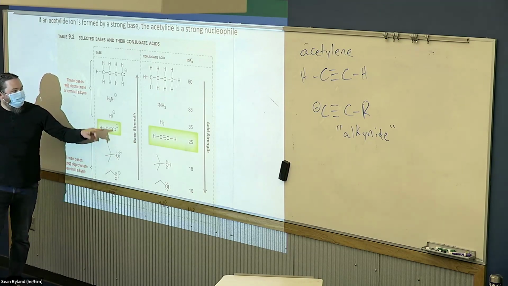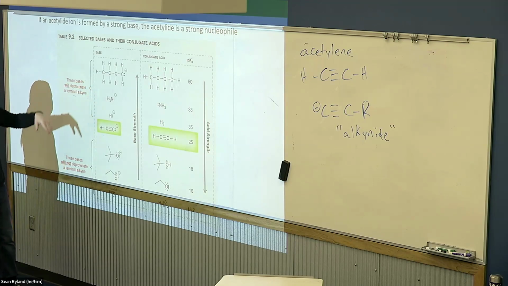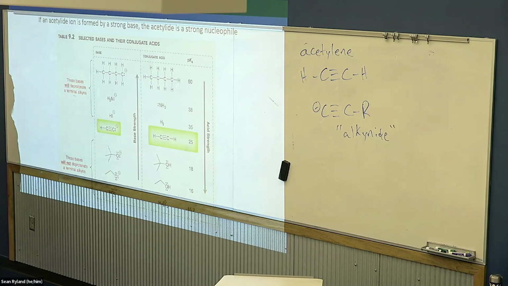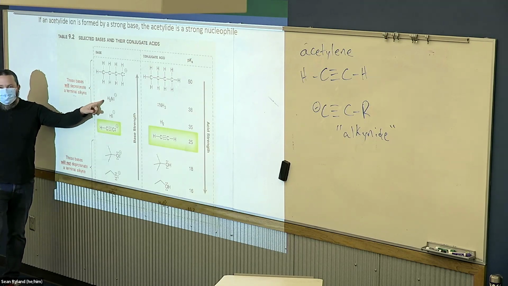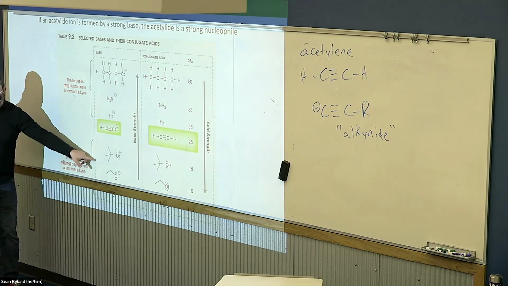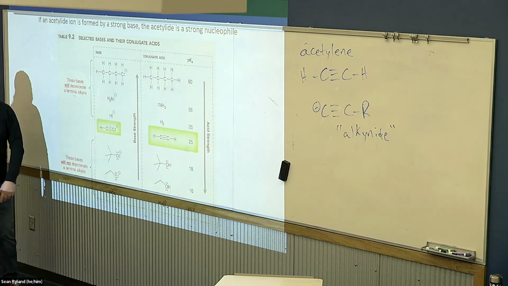It's not as good a nucleophile as hydride or amide. Remember, the stronger the base, the better the nucleophile it is too, barring sterics. And that's why we have to use the sodium amide to deprotonate this. We can't use these to deprotonate our alkynes, just because they're not strong enough bases.